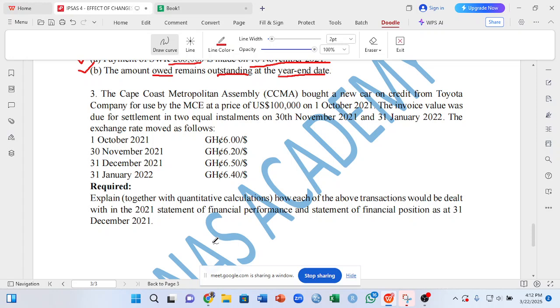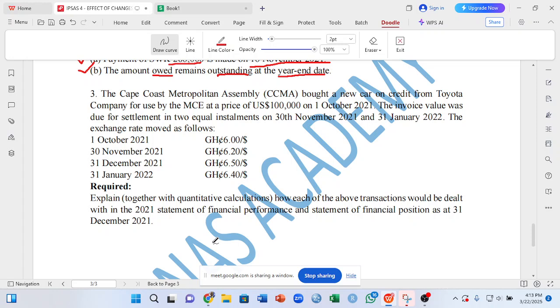The exchange rate moved as follows. Required: explain, together with quantitative calculations, how each of the above transactions will be dealt with in the 2021 Statement of Financial Performance and Statement of Financial Position as at 31st December 2021.